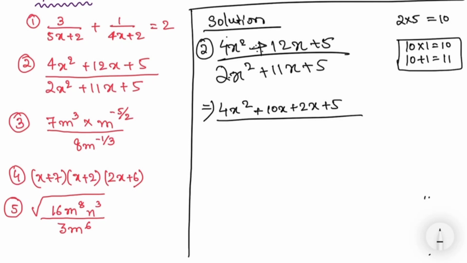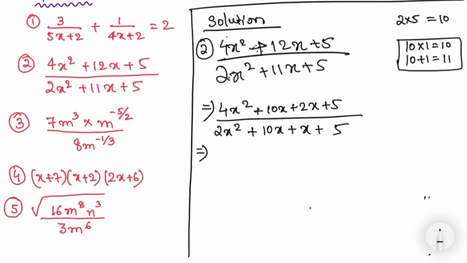Now we'll write it as 2x square plus 10x plus x, or 1x, whatever you can write, plus 5. Now we'll solve it normally.